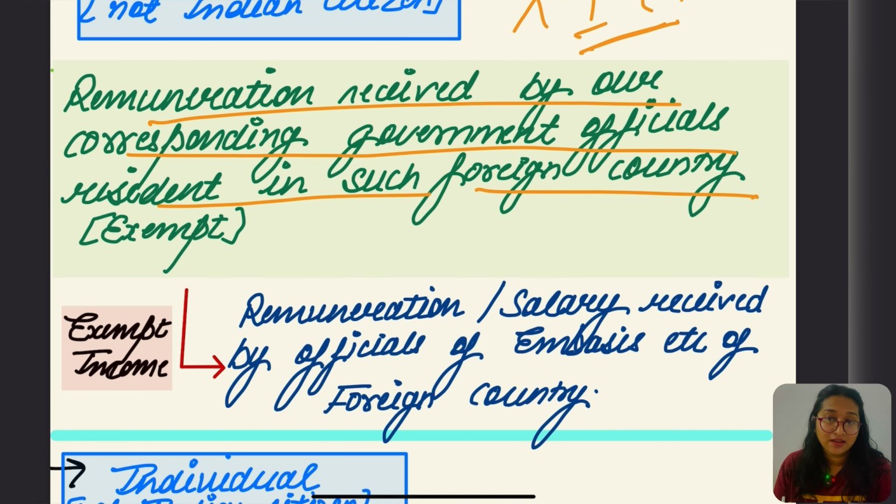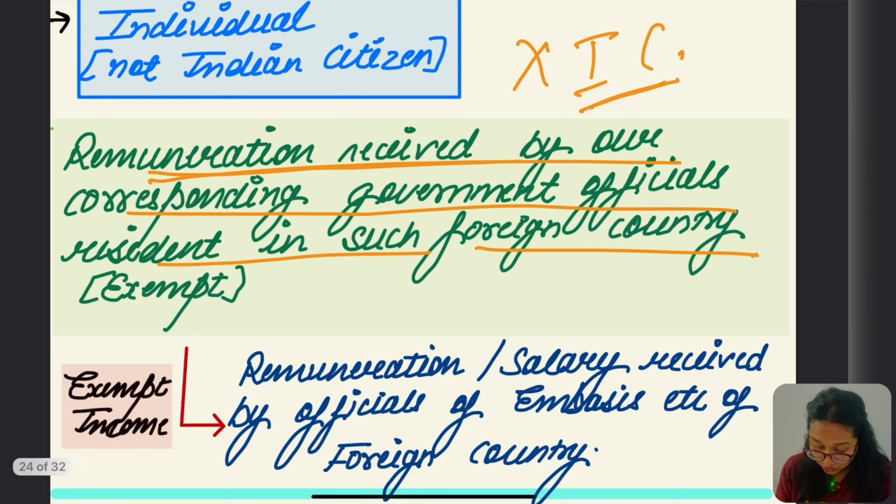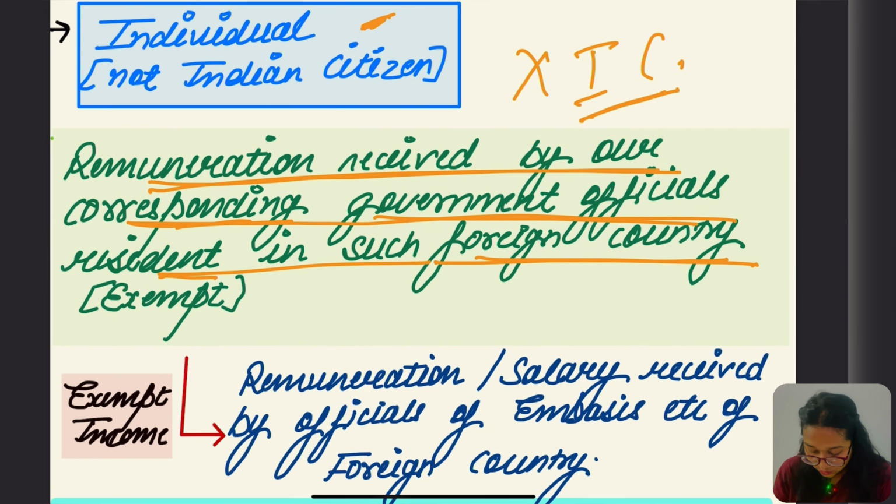Let me read it again: the remuneration received by the corresponding government officials in the foreign country. The individual who is not an Indian citizen is getting remuneration from the foreign government officials in such foreign country, in that case that would be exempt.